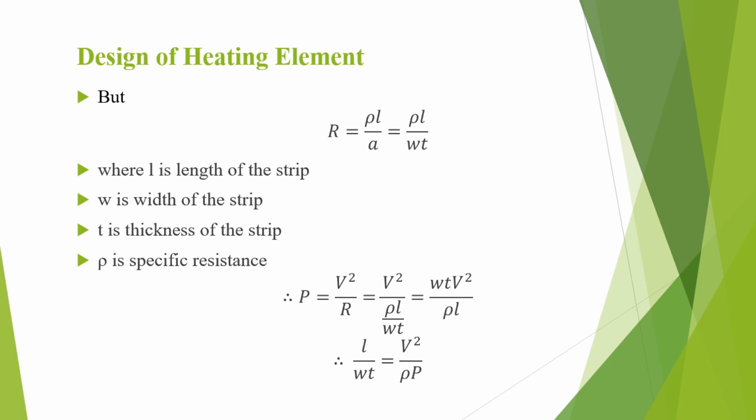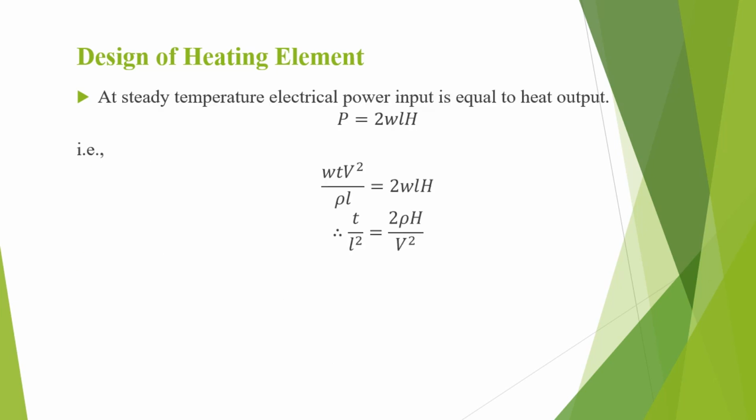Substituting the value of R in the equation of electrical input, we get P equal to V square by rho L by WT, that is WT by rho L into V square. Therefore, we get L by WT equal to V square by rho P. At steady temperature, the electrical power input is equal to heat output, that is P equal to 2WLH, where 2WL is the surface area.